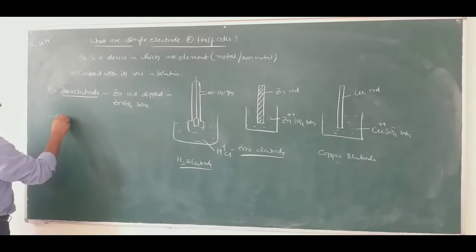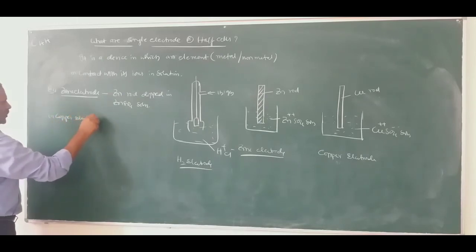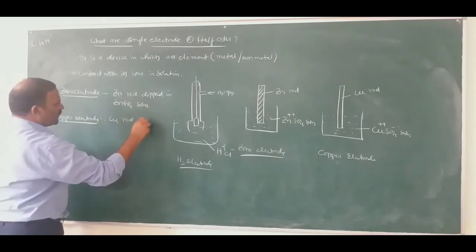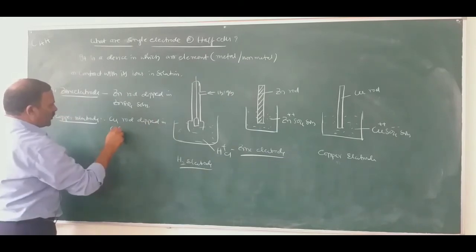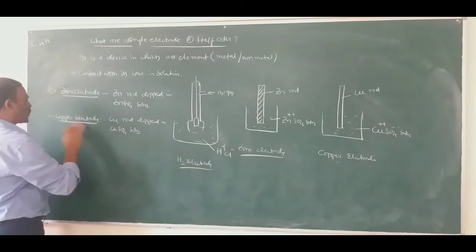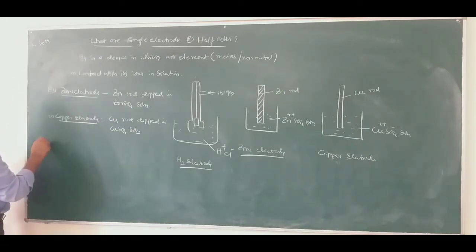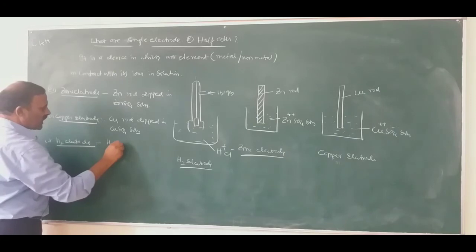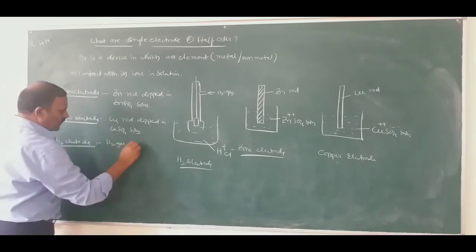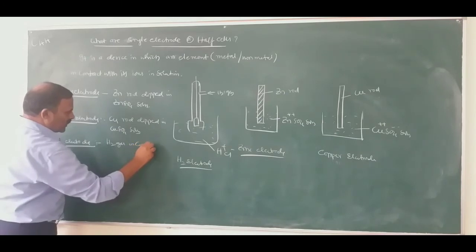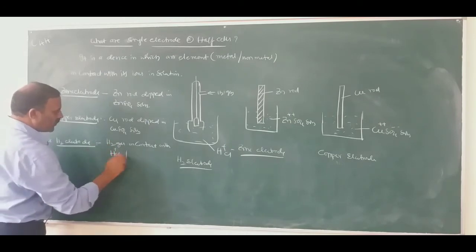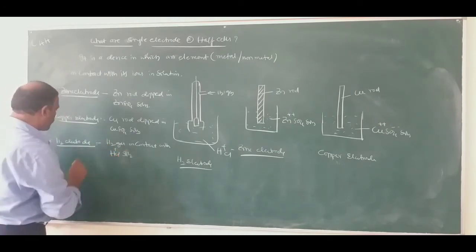Number two, copper electrode: a copper rod dipped in copper sulfate solution forms a copper electrode. Similarly, hydrogen electrode: hydrogen gas in contact with HCl solution forms a hydrogen electrode.